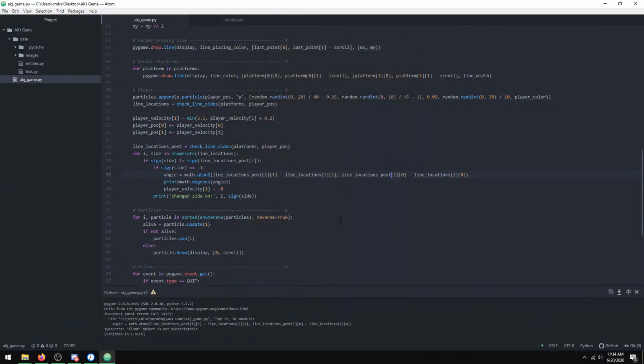Boop. Float is not... What did I do wrong here? Oh, those are not the actual line. I need the actual line. Duh. So, platforms, I believe.